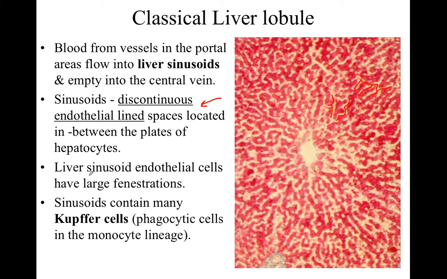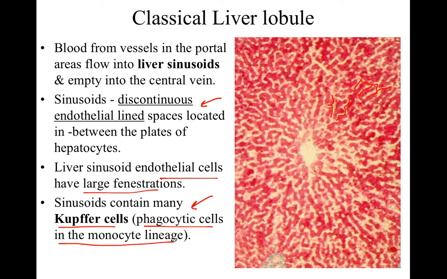As I said, the liver has endothelial cells as the lining with a large fenestration. We have additional cells found in the sinusoid. These cells are called the Kupffer cells, which are phagocytic cells, and usually these cells are monocytes. In the blood, we call them monocytes.